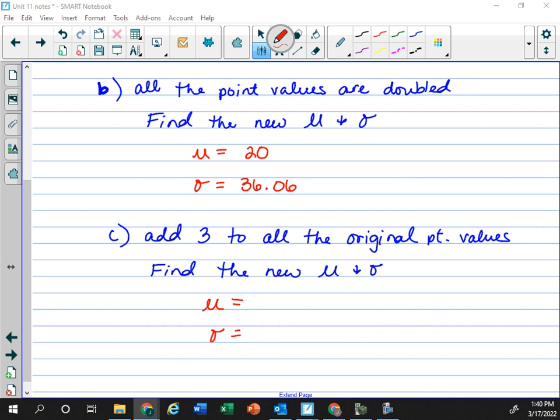All right, guys, what's your new mu? 13. What's your new sigma? The same, yes, 18.03.